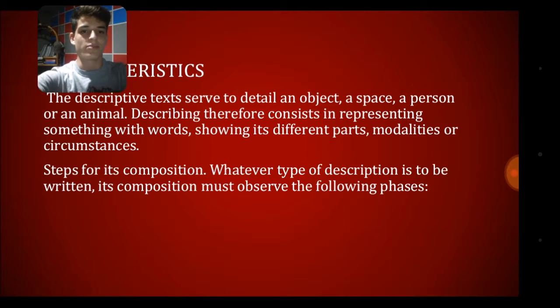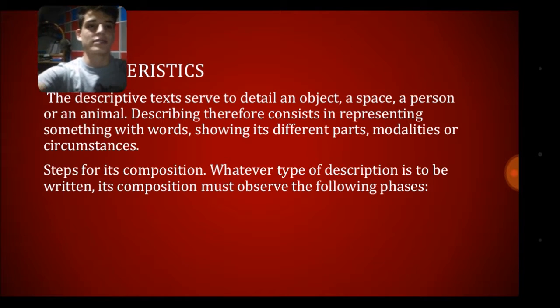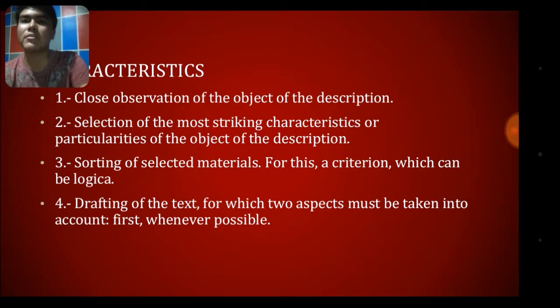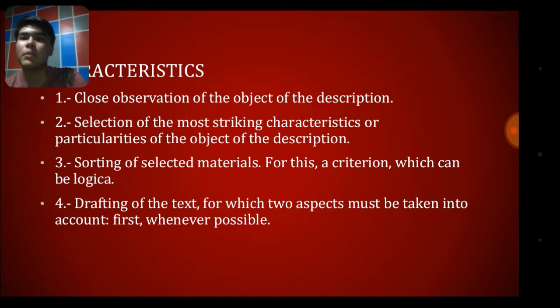Steps for its composition. Whatever type of description is to be written, its composition must observe the following phases. Number 1. Close observation of the object of the description. Normally, it is not possible to make a good description without careful observation of what is being described.